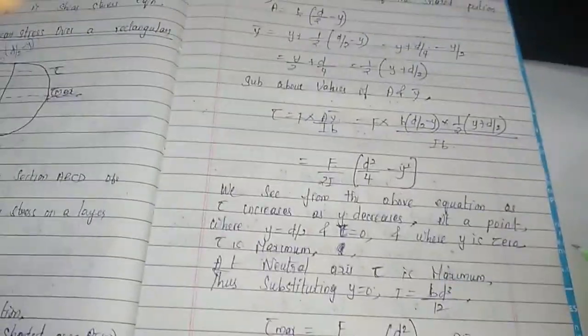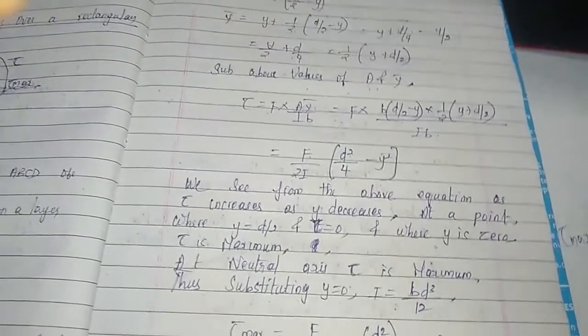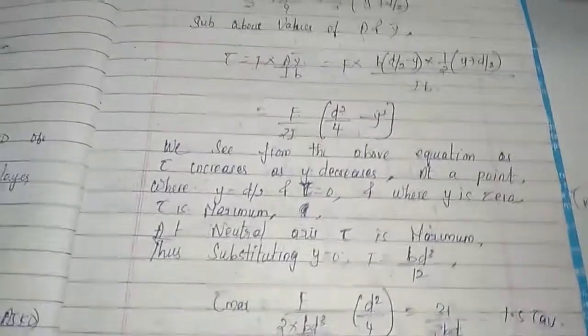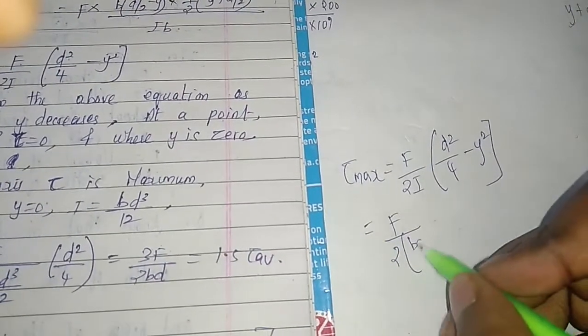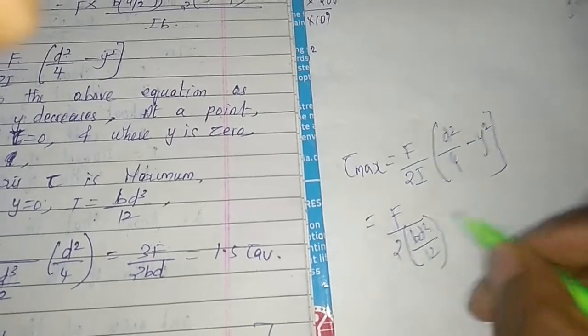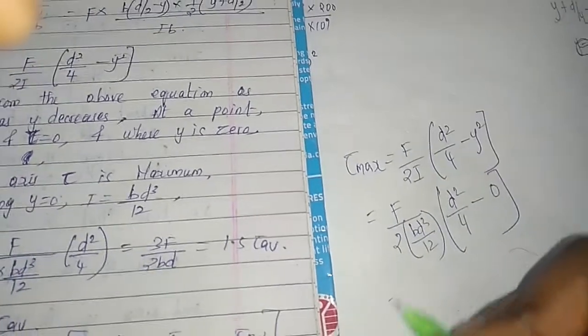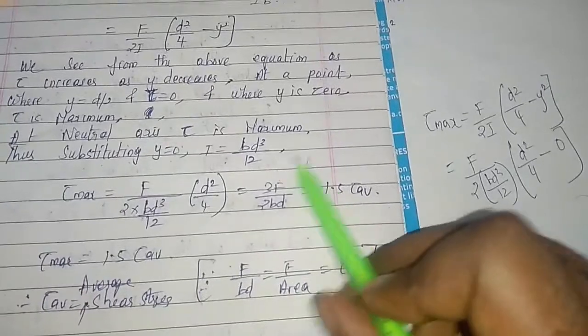Tau maximum is equal to F by 2I into d square by 4 minus y square. So substitute that I in that equation. So F by 2 into bd cube by 12 into d square by 4 minus 0. If you substitute, you will get this answer, 3F.